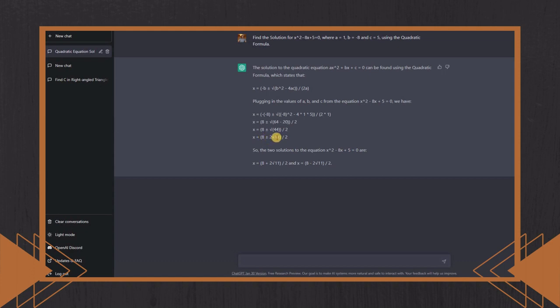Let me just continue here before I say what I have to say. So the two solutions to the equation x squared minus 8x plus 5 equals 0 are, then these are the two values, first value, second value. But what if I didn't understand this section where it says 2 times the square root of 11?